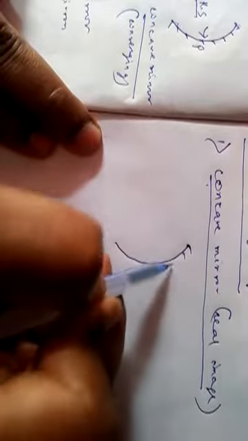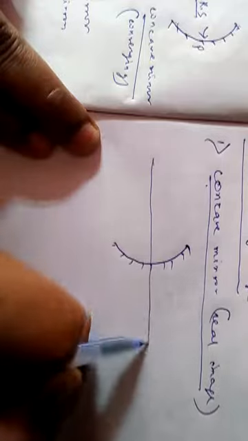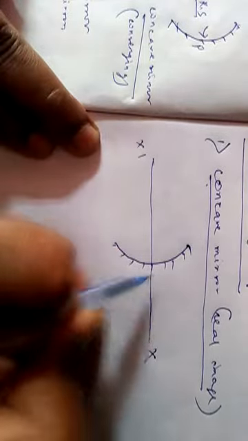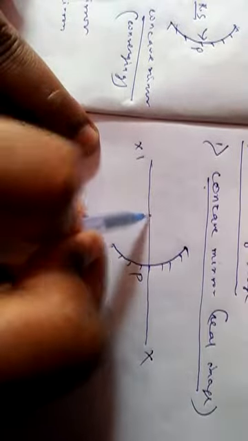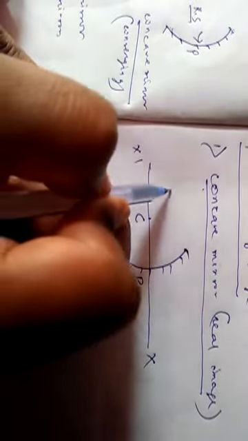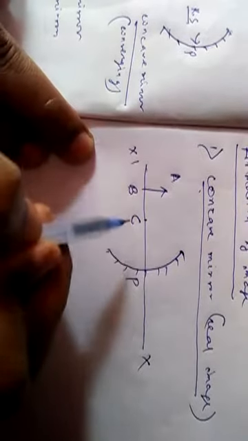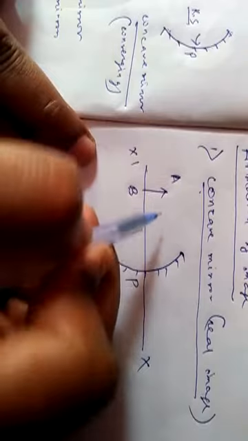This is concave mirror. Principal axis, x-axis, pole, center of curvature. Let you take an object beyond center of curvature. So this is an object, AB, lies beyond center of curvature.